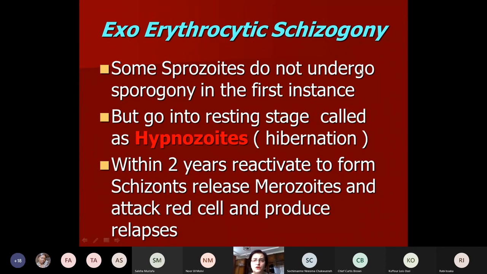Exoerythrocytic schizogony: some sporozoites do not undergo sporogony in the first instance, but go into a resting stage called hypnozoites, or hibernation, and they can stay even 2 years, then reactivate to form schizonts, release merozoites, and attack red cells and produce relapses.